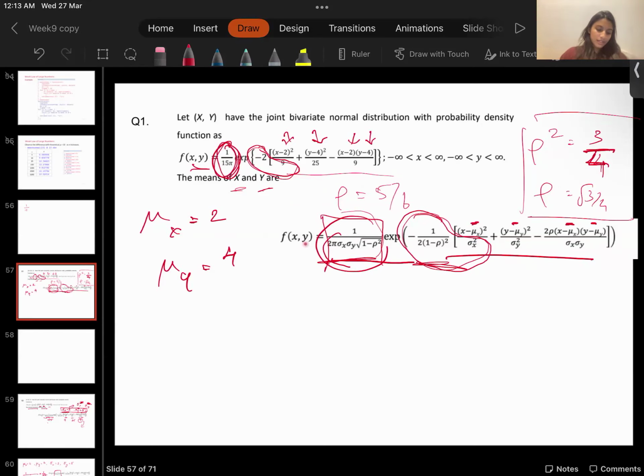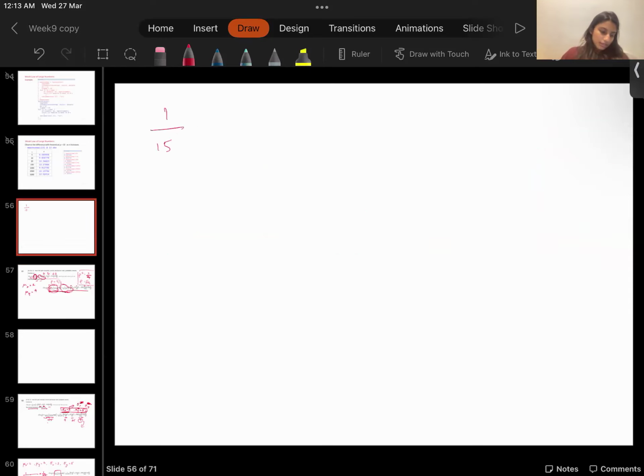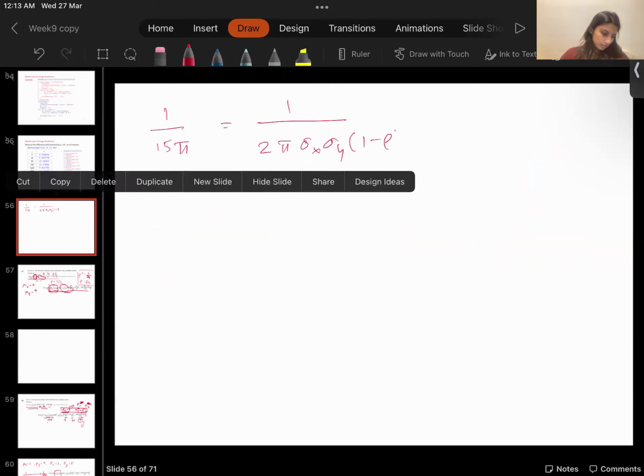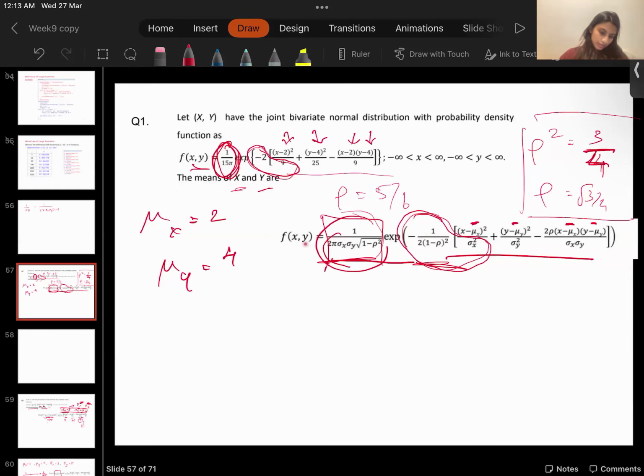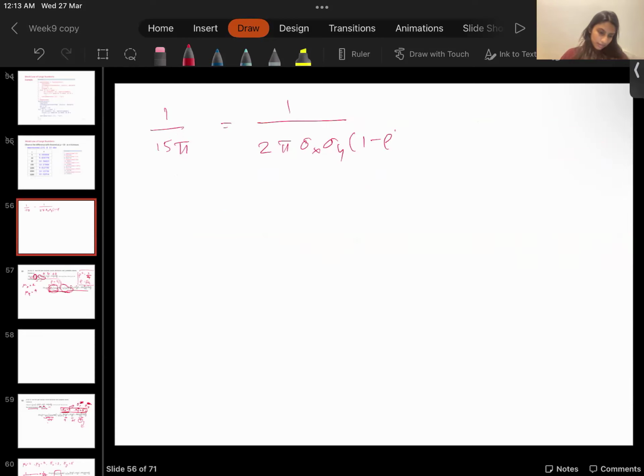1 by 15 pi. We have this formula. 1 by 15 pi is equal to 1 by 2 pi sigma x sigma y square root of 1 minus rho square. We know sigma x is 3, sigma y is 5.